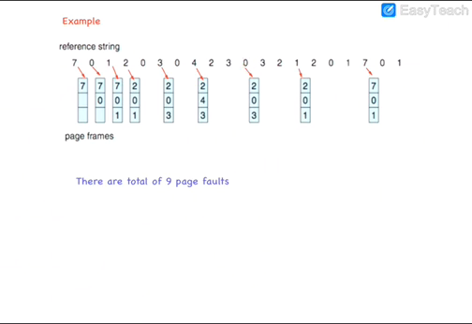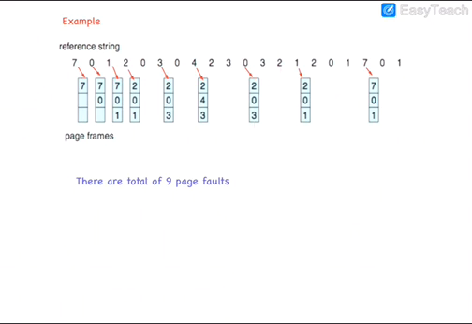Again we have to see the future references. 3 is referred here itself, 2 is referred here itself, and 4 is never referred, so 0 will be replacing 4. Again 3 is already present, no page fault.